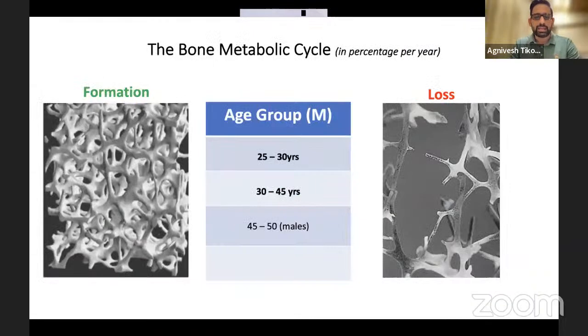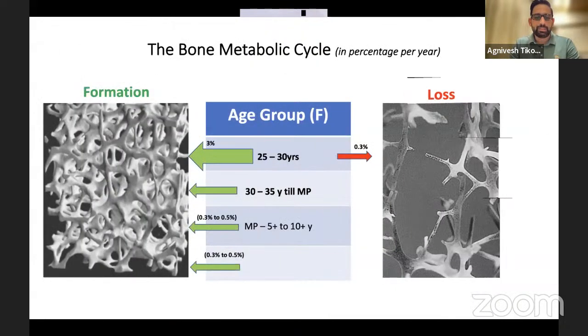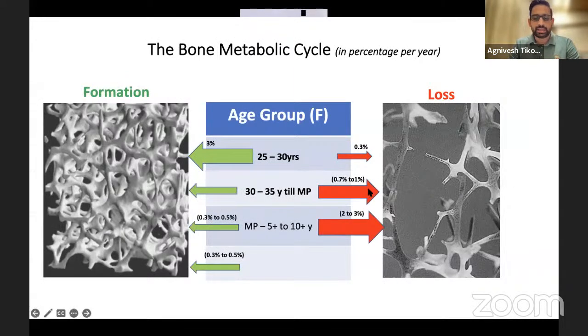So in males, the bone formation and loss are equal, and there's a very tiny negative balance which happens after 45 to 50. But as compared in females, till their perimenopausal time, there is a significant negative balance of the bone. And this is the time when they mostly become osteoporotic, which is 5 to 10 years around the menopausal period.